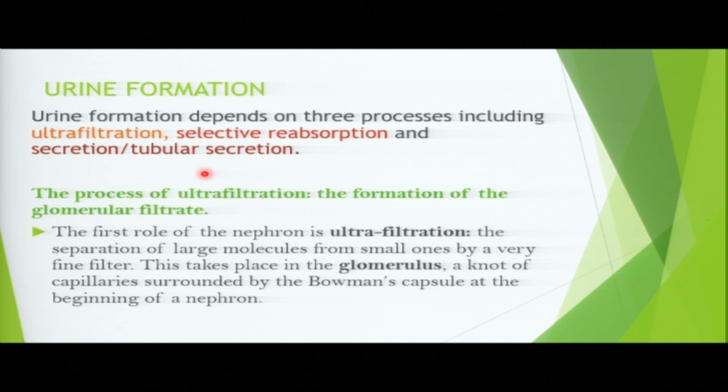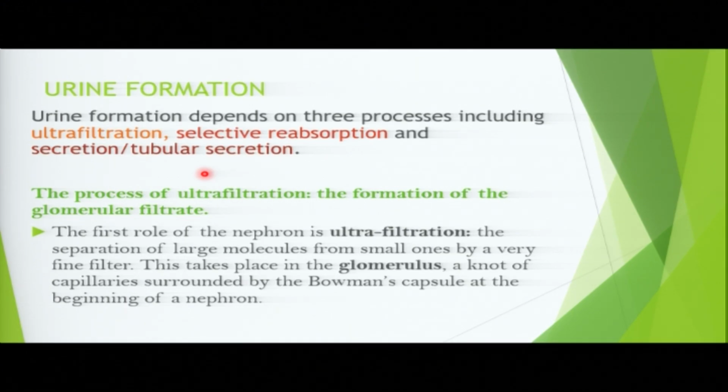Let's start with ultrafiltration, which is the first step of urine formation. Ultrafiltration is the process by which smaller molecules found in the blood pass across the glomerulus to form the glomerular filtrate.